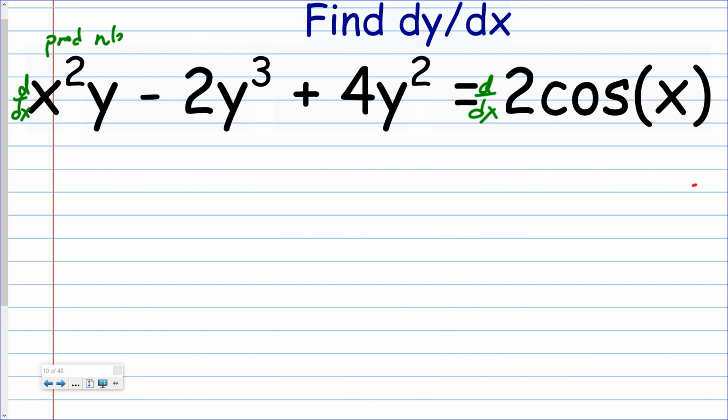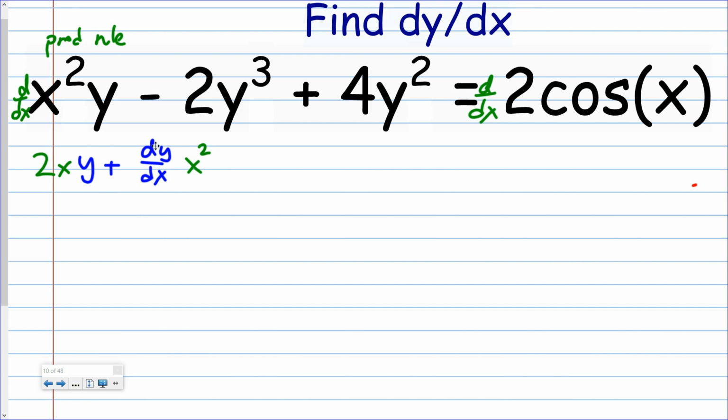Product rule. Okay, so let's go for it. The derivative of the first times the second plus the derivative of y, which is 1, but it's times dy dx, times the first. Derivative of the first times the second plus derivative of the second times the first.